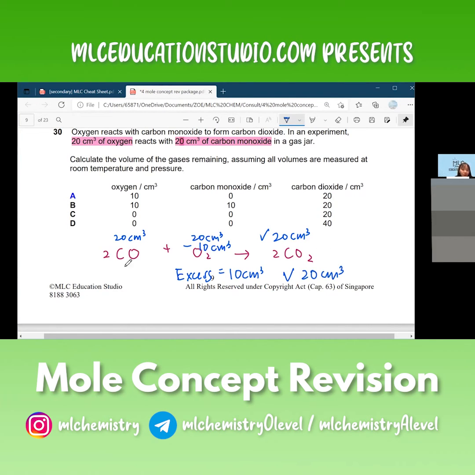So if I use up CO, that means I will get 0. These two reactants, oxygen and carbon monoxide, they want you to find the volume, right? Basically, they are testing you for limiting reagent and excess. Which one is in excess? Which one is limiting? So by mole ratio, you will get 10, 0, and 20.